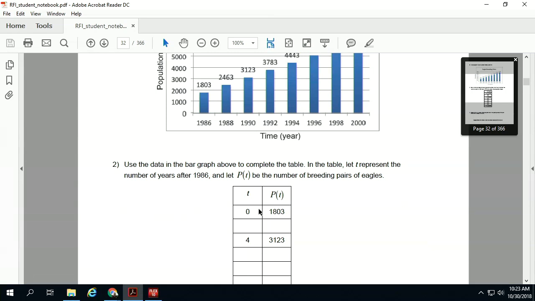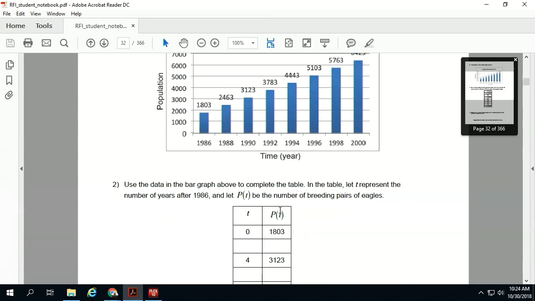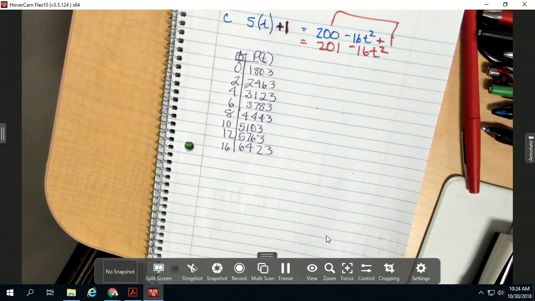So 6, 3783. 8, 4443. 10, 5103. 12, 5763, and 14 was 6423. Okay, so we've got our table filled out.